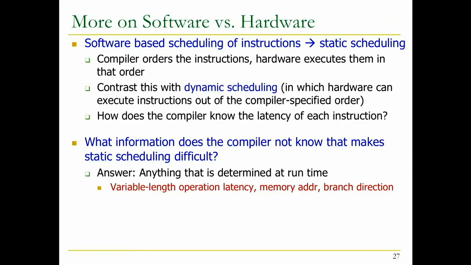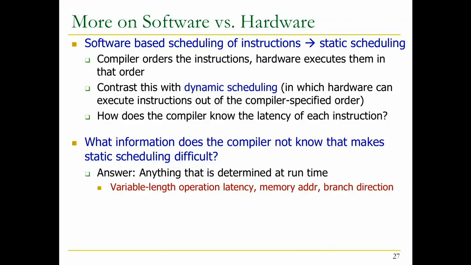The load may not actually find the data in the cache. As a result, you need to go to the main memory, which takes hundreds of cycles. Now you have a variable latency operation, right? Sometimes the value is closer to the processor, sometimes the value is far away from the processor. Again, the compiler doesn't know this.